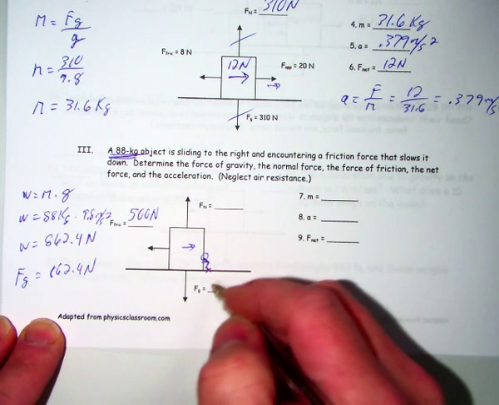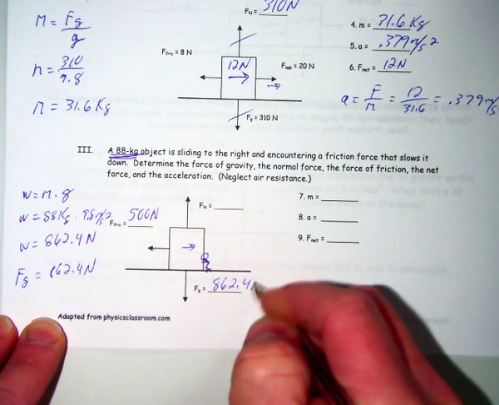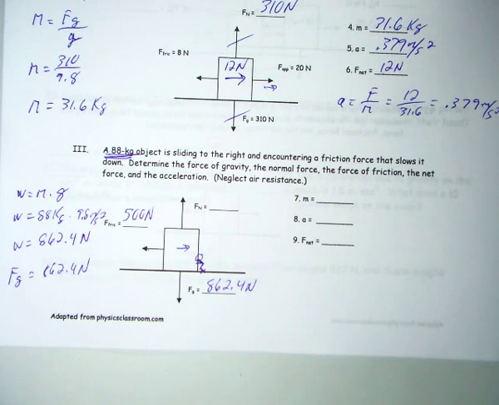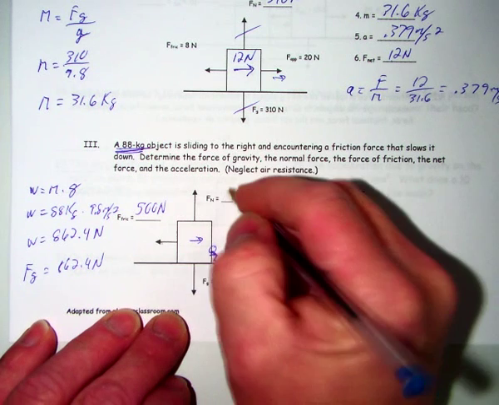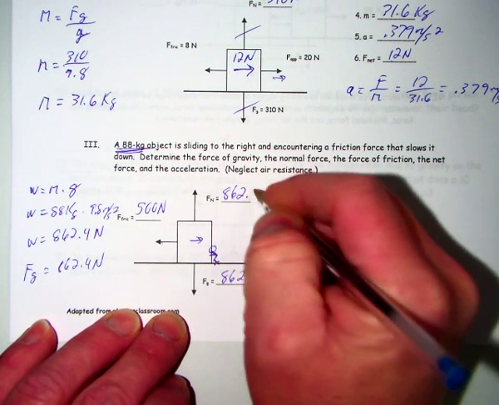So I'm going to write 862.4 newtons. Now, if my force going downwards is 862.4, but my object is sliding to the right, what does the normal force have to be? 862.4. Because this one has to cancel out the downwards force.